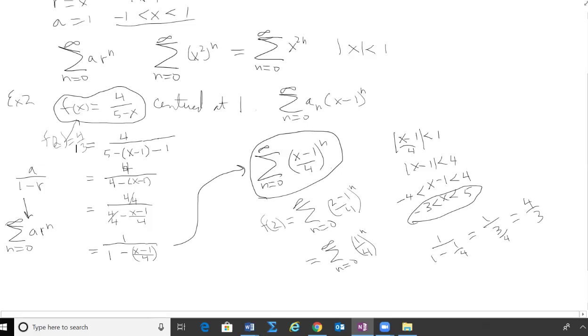We can use this now in this interval to approximate this function, f of x. But the gist of this problem is this process of utilizing this form to get an expansion of a power series for a given function.